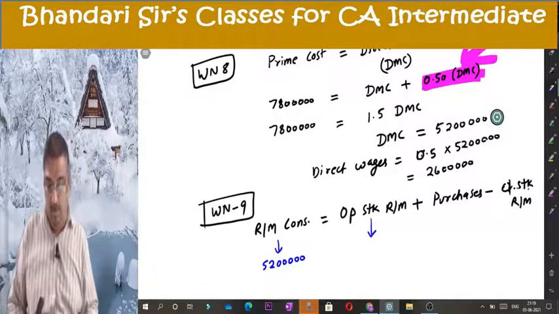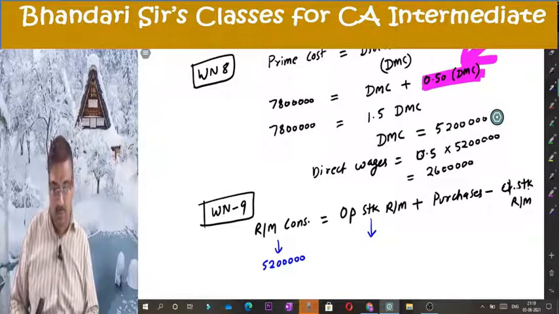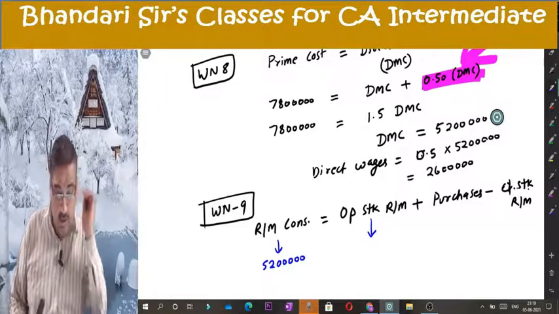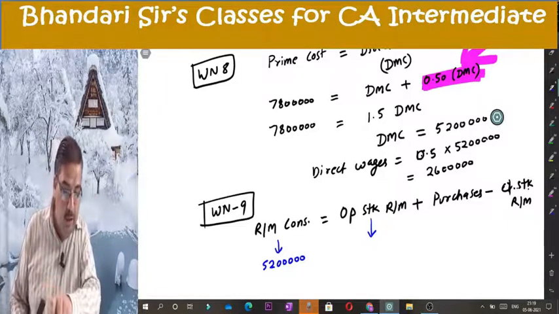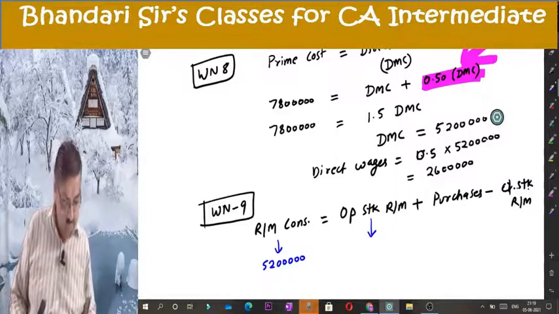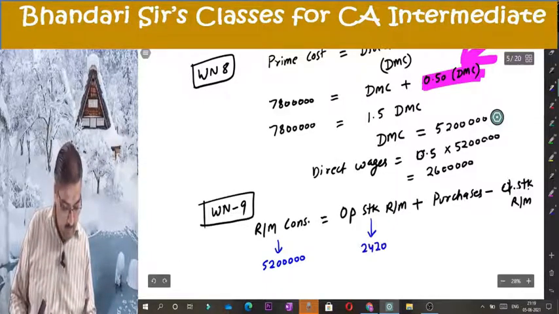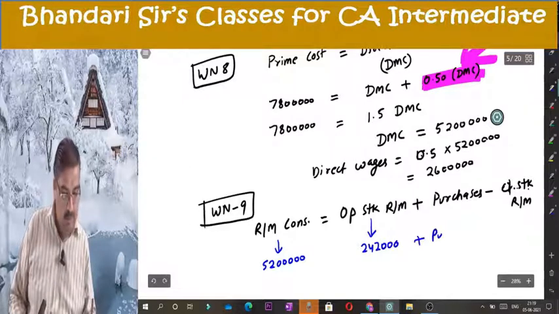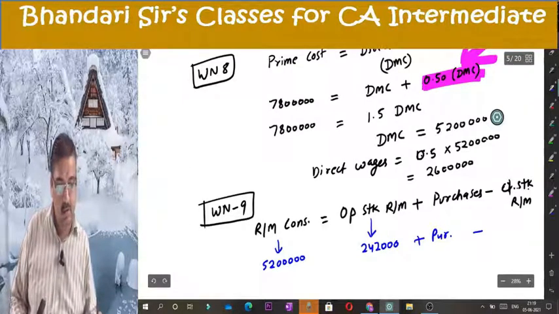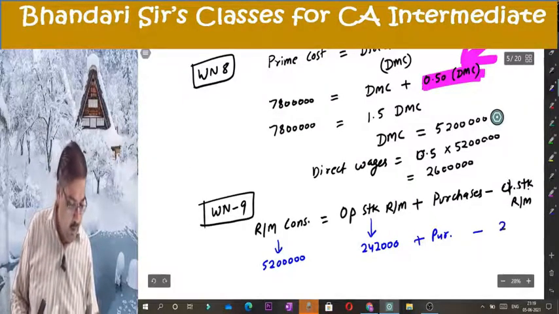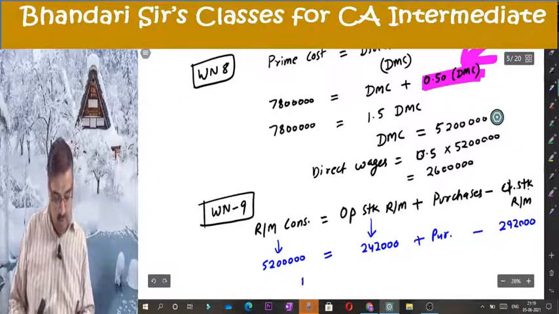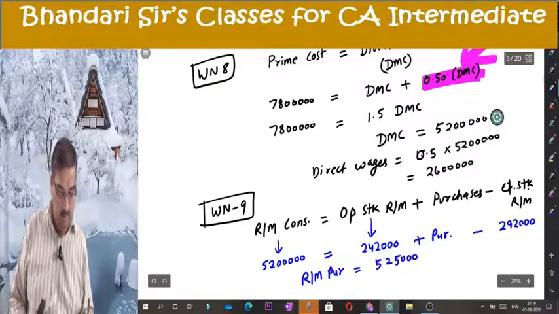Opening stock of raw material should be given to you. You have to check in the question. It is 2,42,000, plus purchases, minus closing stock of raw material 2,92,000. So raw material purchase, last thing to compute here, 52,50,000.